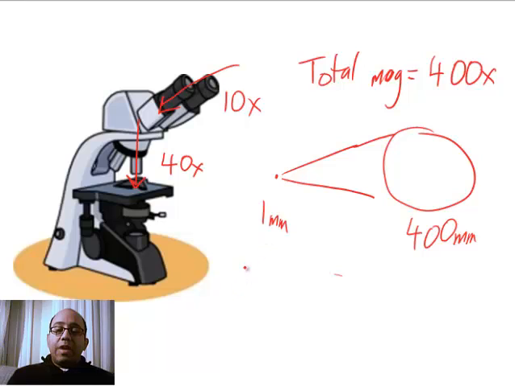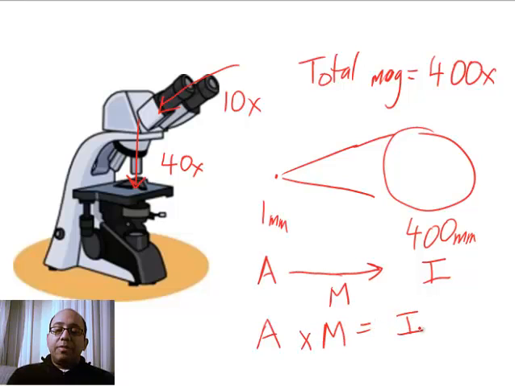So we have our actual size, we have our image size, and we have our magnification to get us between our actual and our image. So we think about this for a second and say, okay, what I'm doing is I'm taking my actual size, I'm multiplying by my magnification, and I'm getting image.